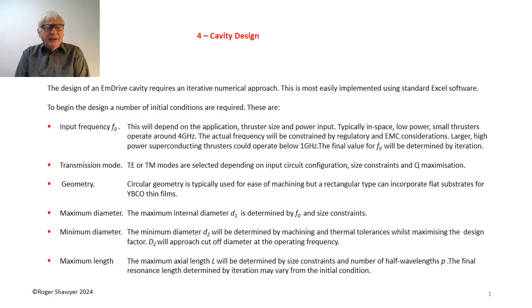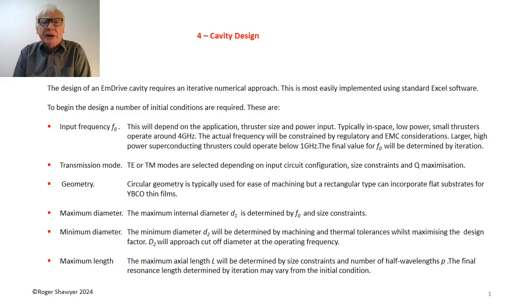The axial length essentially is determined by size constraints, as always, but we will also have to look at the number of half wavelengths we use to determine resonance. And this, again, will depend to a certain extent on the application of the thruster itself.